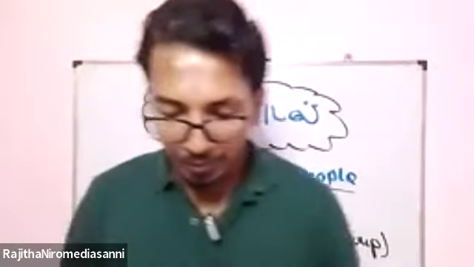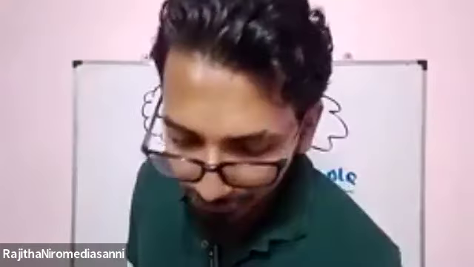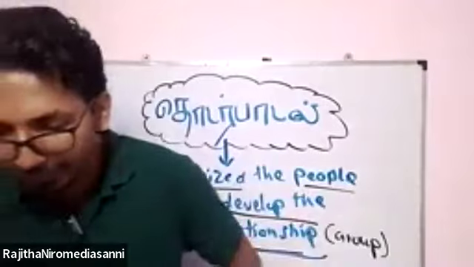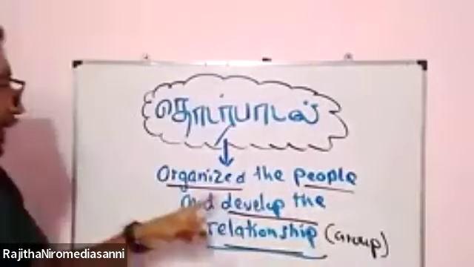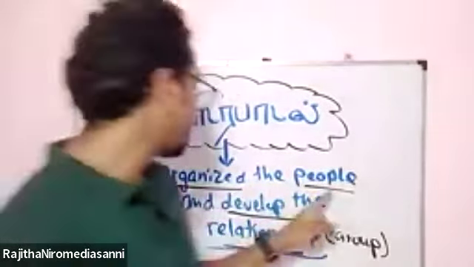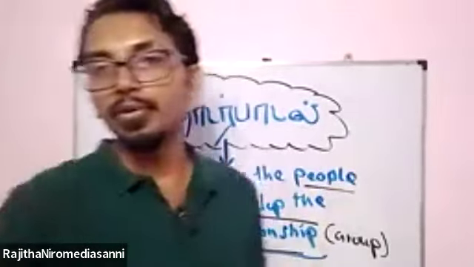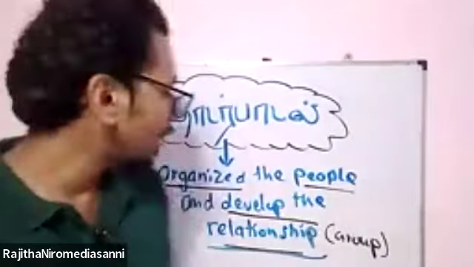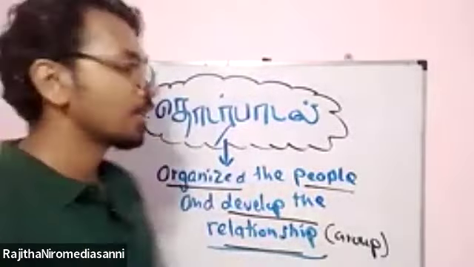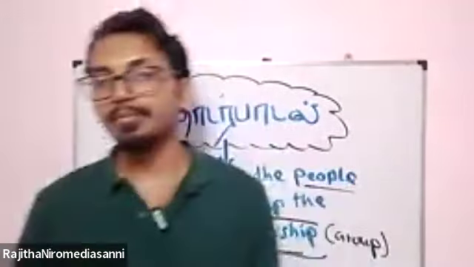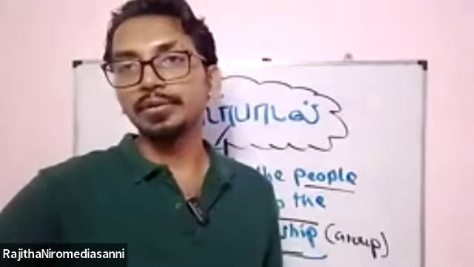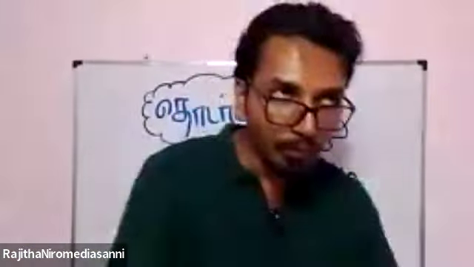So we have highlighted the thing here. Process of maintaining relationships, and please note down this also: organize people and develop the relationships. It means grouping the people, grouping ideas, group of ideas.